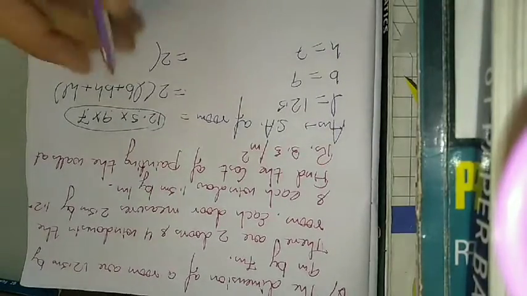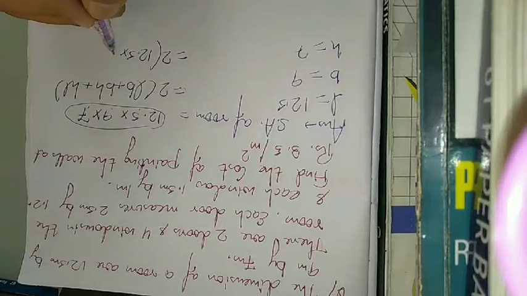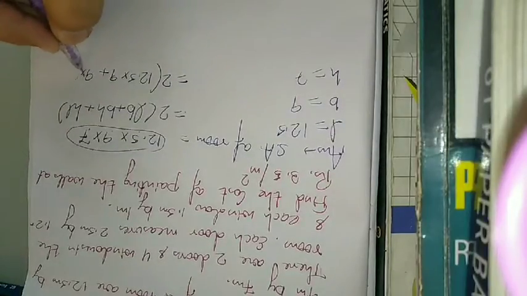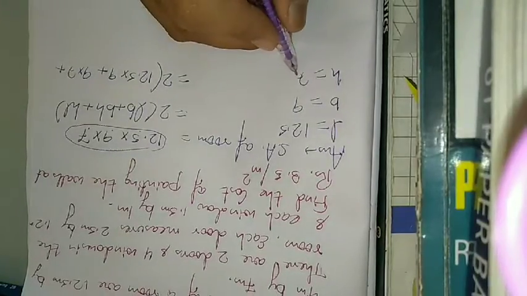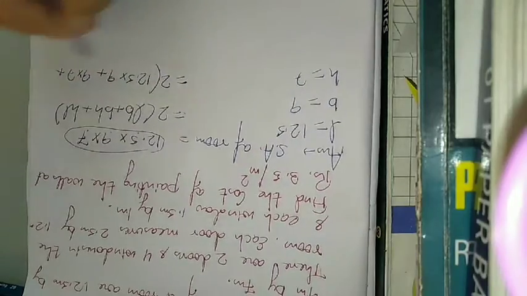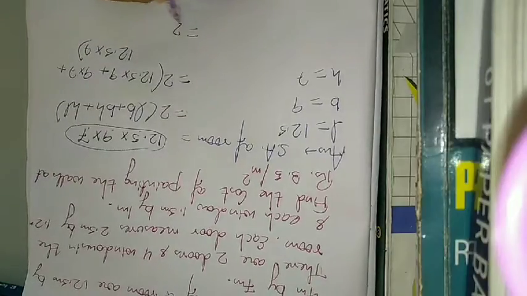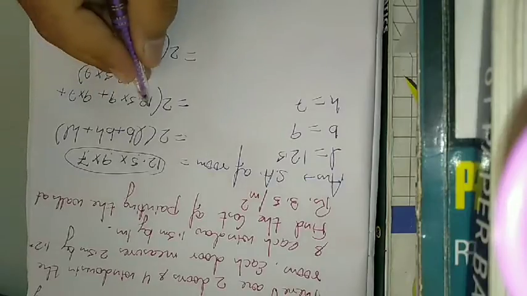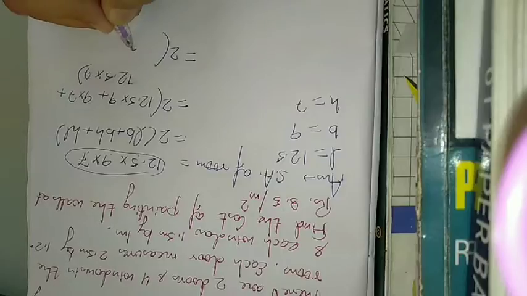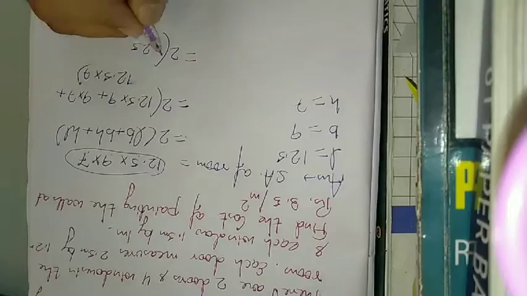Okay, so length into breadth is 12.5 multiplied by 9, plus breadth into height, 9 into 7, 63, plus height into length, 12.5 multiplied by 7. So let's check this. 9 5s are 45, carry 4, 9 2s are 18 and 4, 22, carry 2, 9 1s are 9, and 2, 11.